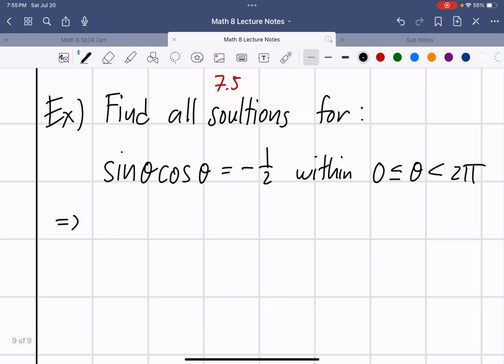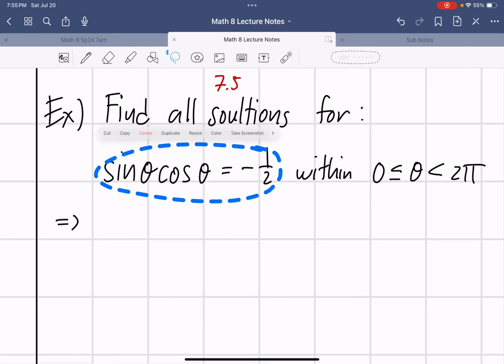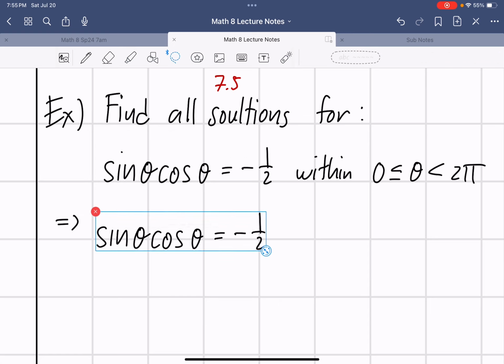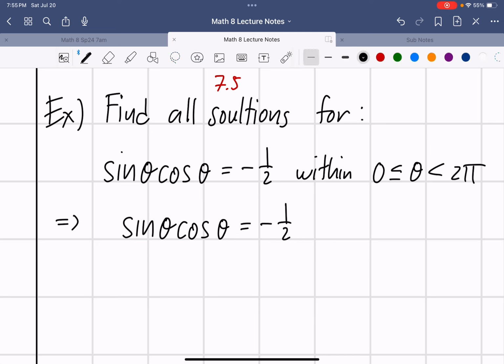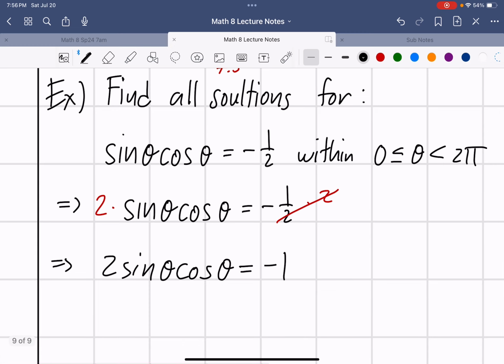But if I take this equation, multiply both sides by 2, the idea is to use the identity of this being my double angle. So this all simplifies to sine 2 theta equals negative 1.